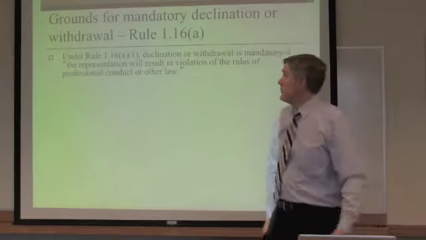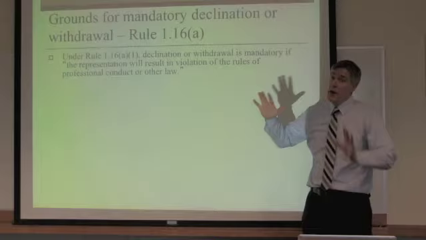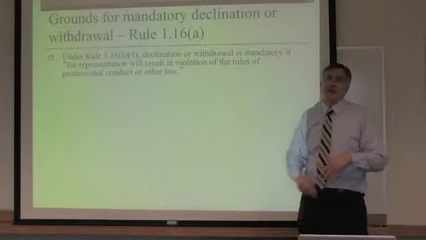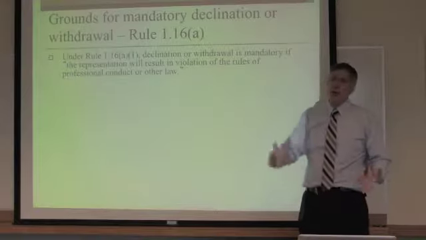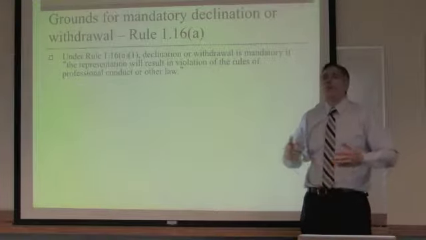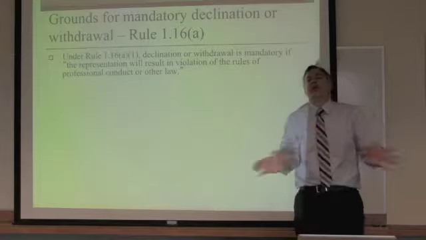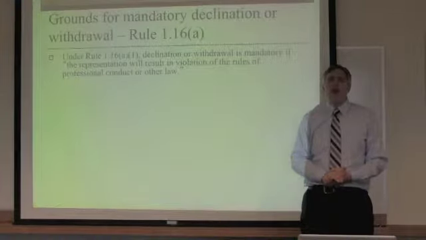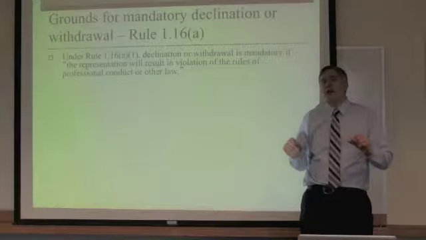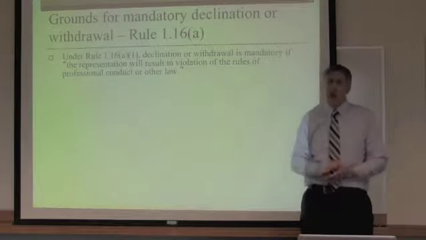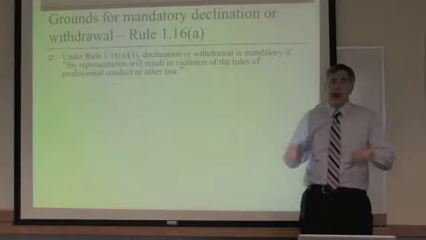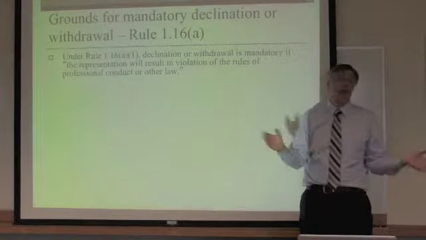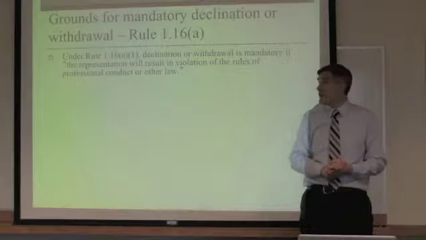So the first would be a situation in which the representation will result in a violation, to a certainty. And you recall, we've discussed the term will in connection with Rule 3.3a, the rule against putting on fraudulent or deceitful testimony. The lawyer who knows, not simply speculates, but knows that that information is false, can't put on the testimony unless the witness is, of course, the accused and the lawyer is the criminal defense attorney.